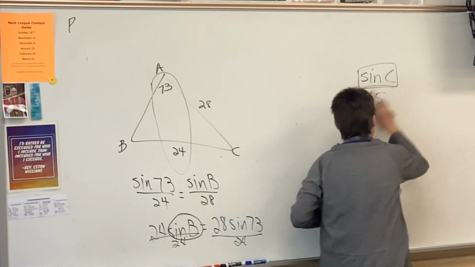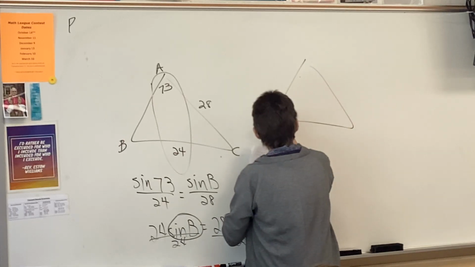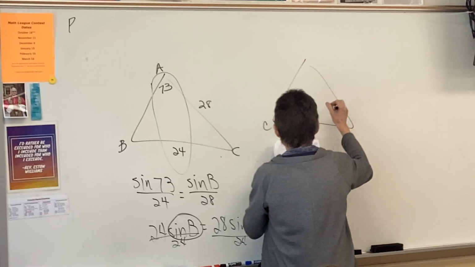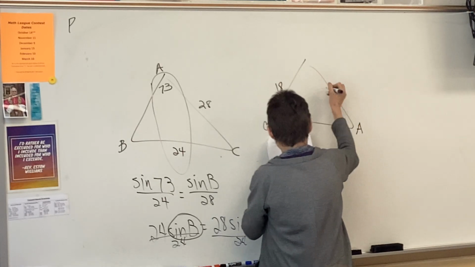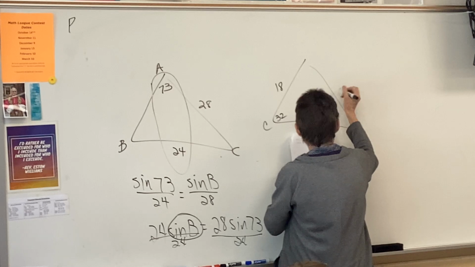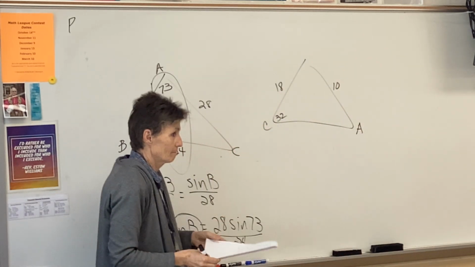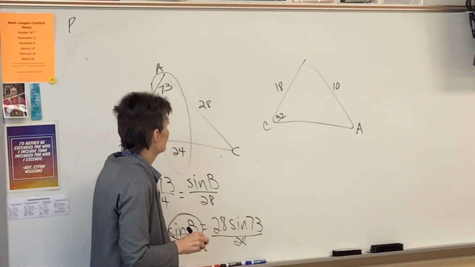All right. One more. Second sine 28 sine 73 close divided by 24.